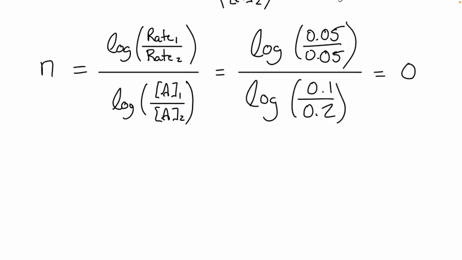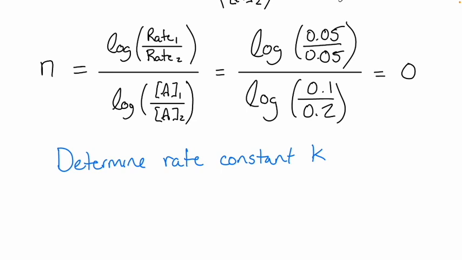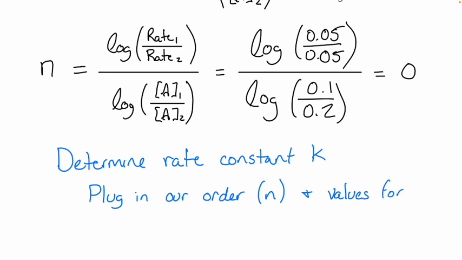So to determine that rate constant, we're going to plug in our order for this reaction, the n, and the values for one data point.